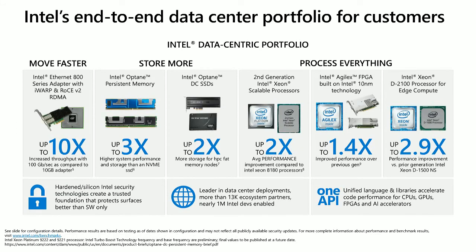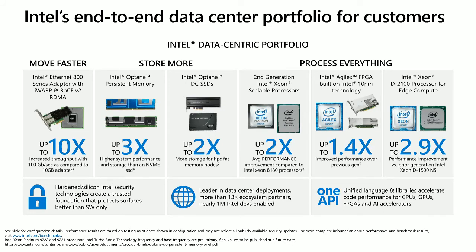This is just an Intel data-centric portfolio, and we have ingredients to move data faster, store more, and process everything. And that goes from our Columbiaville NIC, that's the internal name, the Intel Ethernet 800 that we have, 100 gig RDMA that supports both iWARP and RoCE v2. We have Intel Optane persistent memory that can speed up your cache tier or can be used as a second level memory, so it can pack more VMs on your nodes.